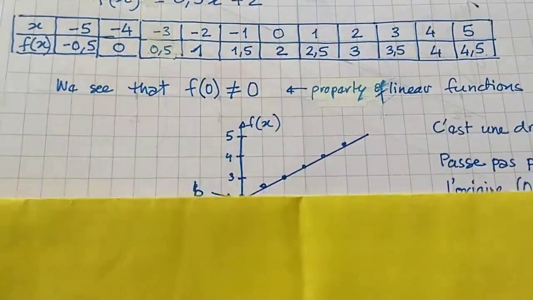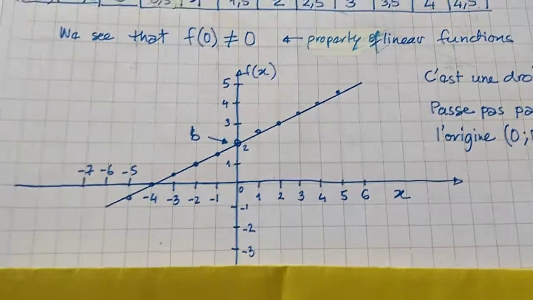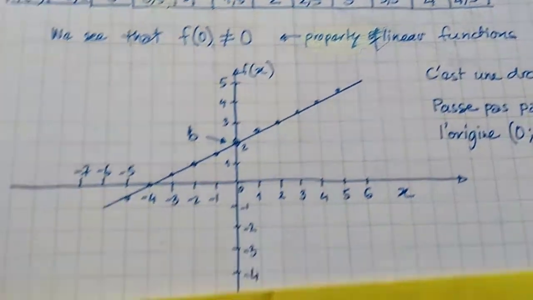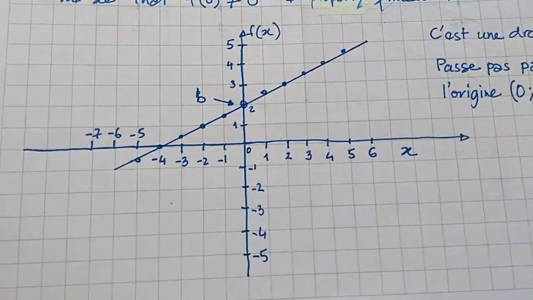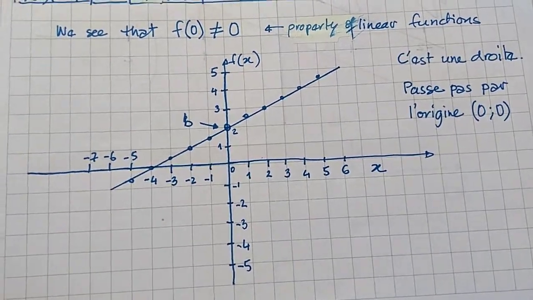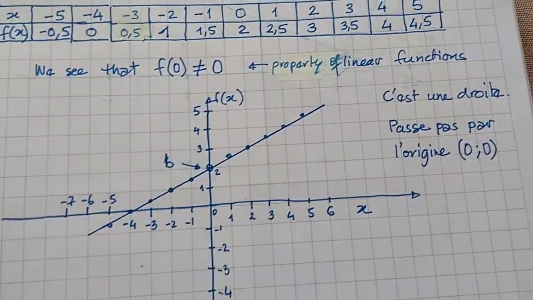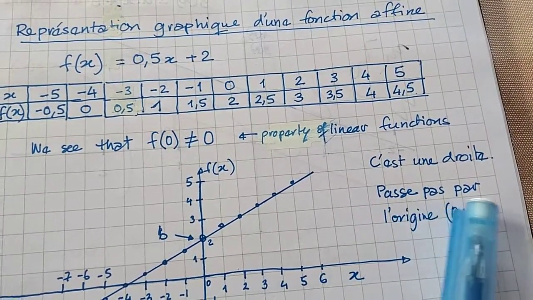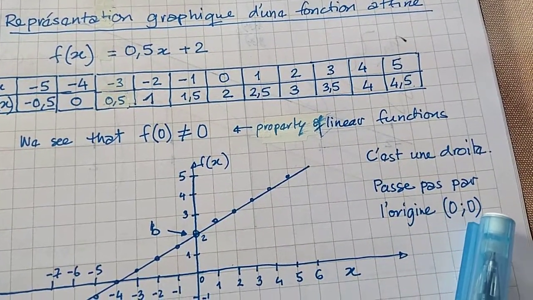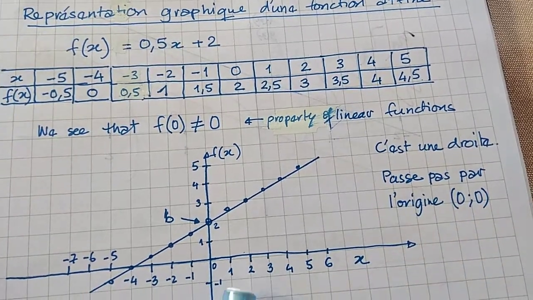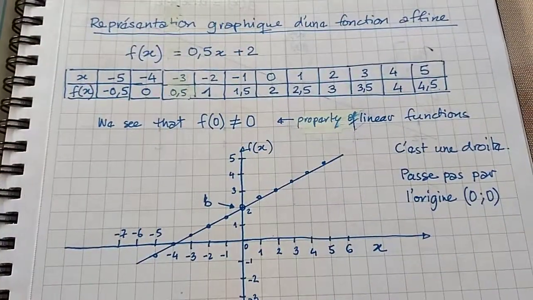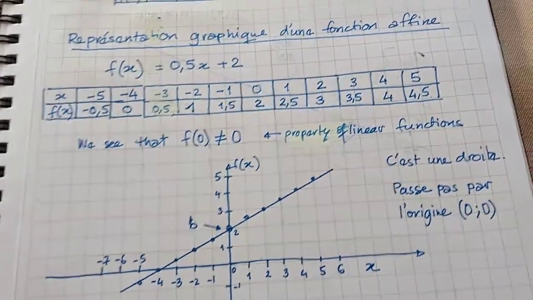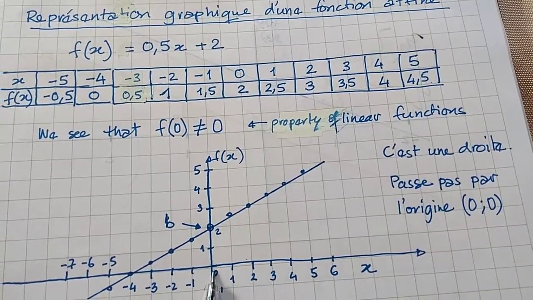Okay. So now we draw this, and this is the image, this is the graph. What do we see? We see that the graph, c'est une droite, il ne passe pas par l'origine 0, 0, this is the origin. It's not passing from there, unlike a linear function which would pass through there.